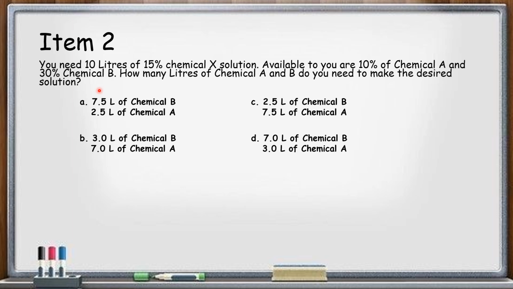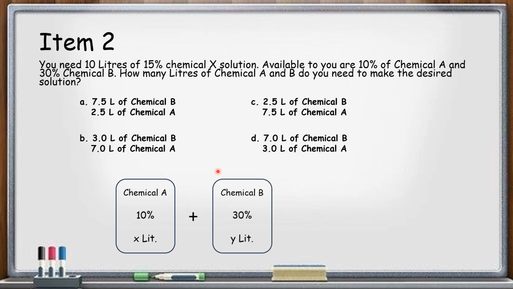Well, for this one, we're going to be solving for both volumes. All right, that's no problem. Let's start to visualize it again. So for the first vessel, I have chemical A, which is 10%, and I named it x liters because liters is what they're looking for.